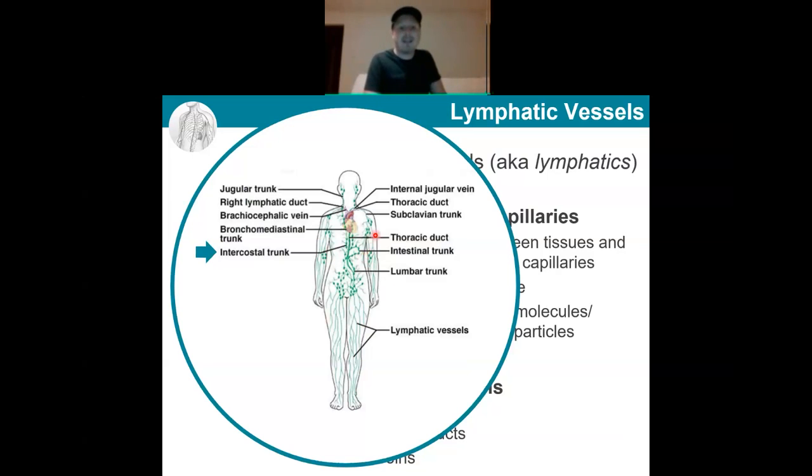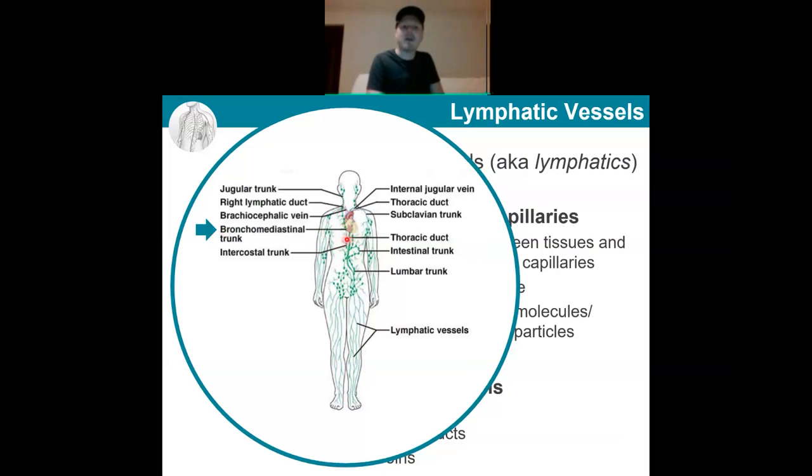You also have intercostal trunk. We just looked at the chest cavity, and you notice that there were ribs. Well, between the ribs, you have intercostal space. So these trunks of the lymphatic system run between the ribs. We also have our bronchomediastinal trunk.